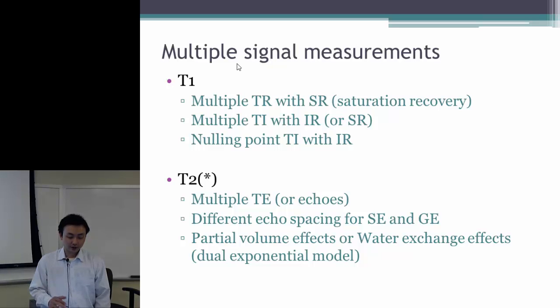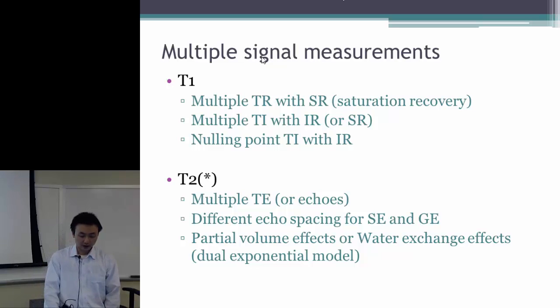But there is also water exchange between the water outside the cells and inside the cells through the cell membrane. This water exchange can be very fast. If I remember correctly, it can be just a few hundred microseconds. So sometimes when we need to do a more accurate estimate of the T2 or T2 star, this effect would also need to be taken into account.